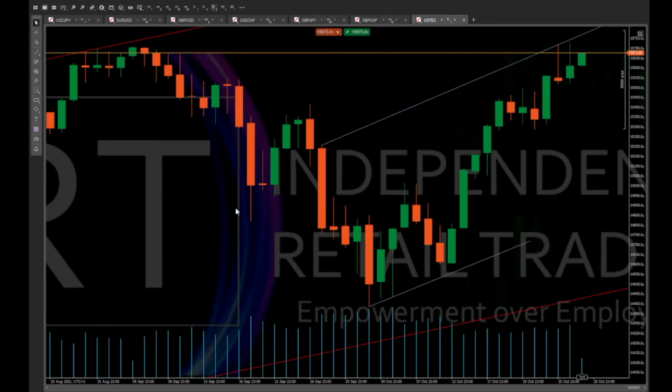So I plotted my trend line at the drop of the previous candle right here, and then again I connected it with two wicks basically forming there.